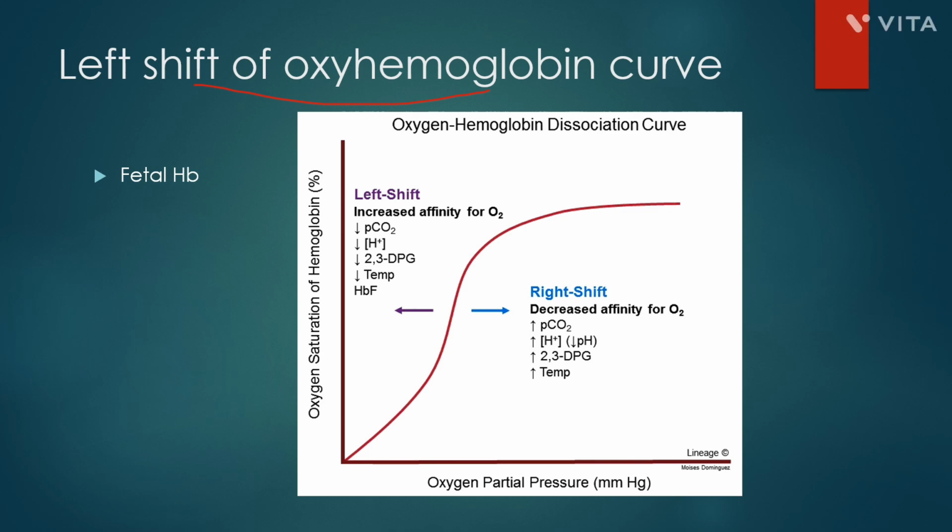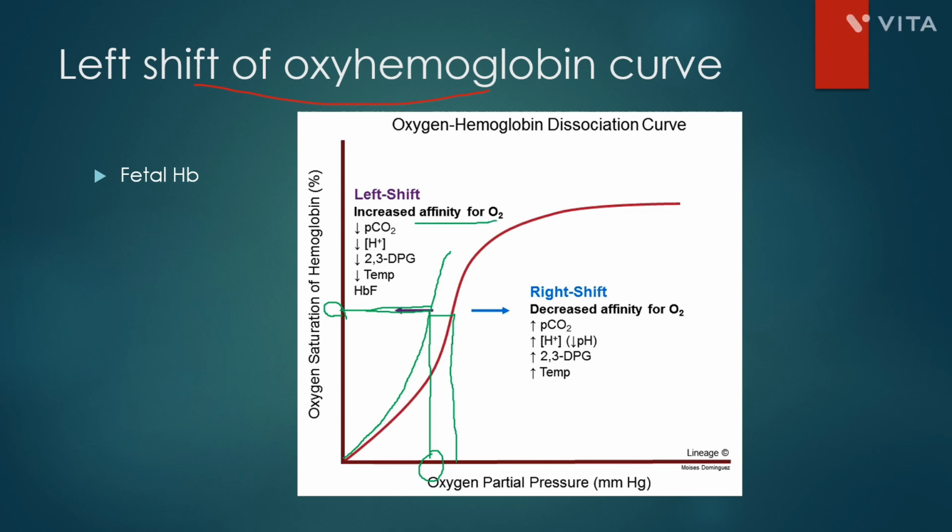So remember, it is a sigmoid-like curve, and if there is a left shift, for example, suppose this is the 50% mark of the hemoglobin saturation, the corresponding partial pressure of oxygen in the original and in the left shift, if you compare, in the original it is around like this, and in left shift it becomes less. That means to achieve 50% saturation, you need less partial pressure of oxygen, which means affinity increases. So as you go to the left, affinity increases.